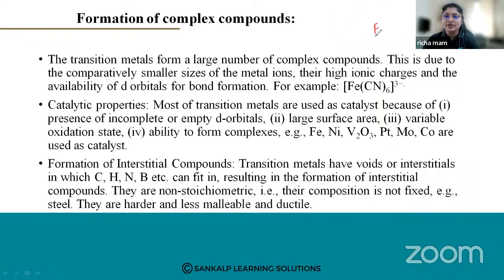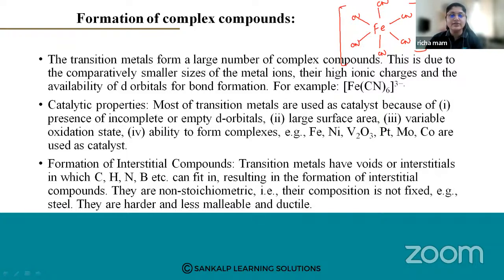Let me write here: Fe, then 1, 2, 3, 4, 5, and 6 Cn minus. So Fe, Cn6, and 3 minus. Like this are the complex compounds.